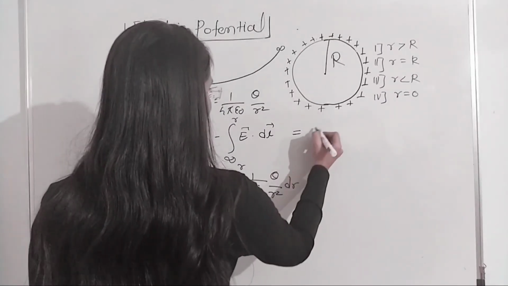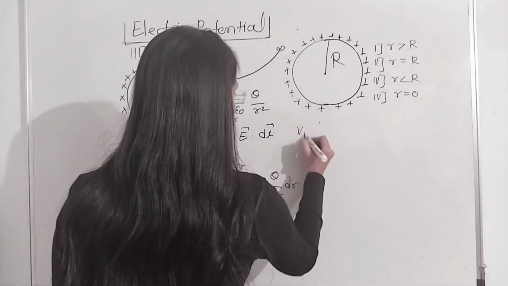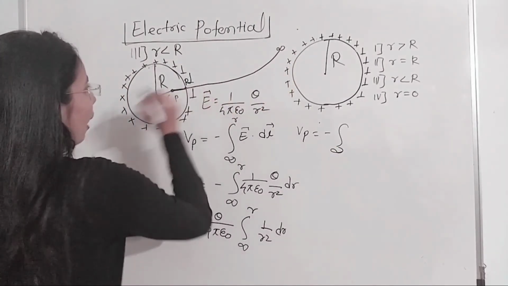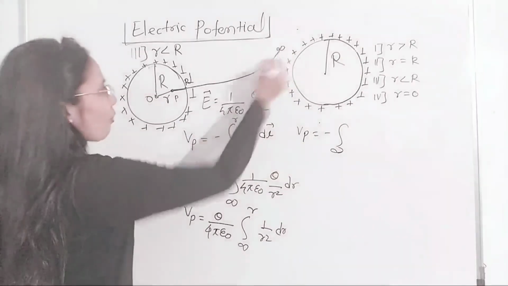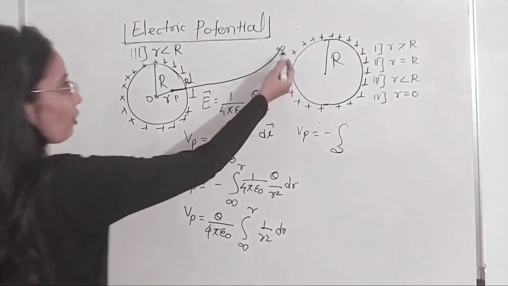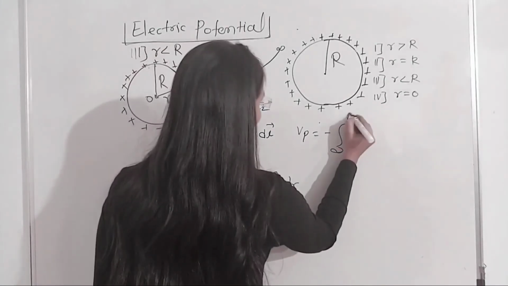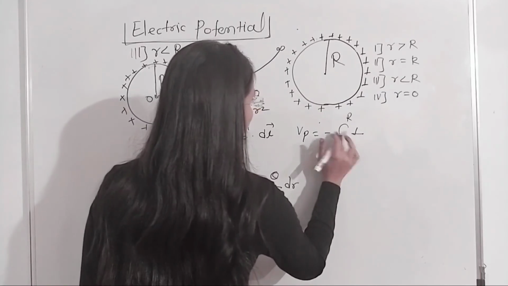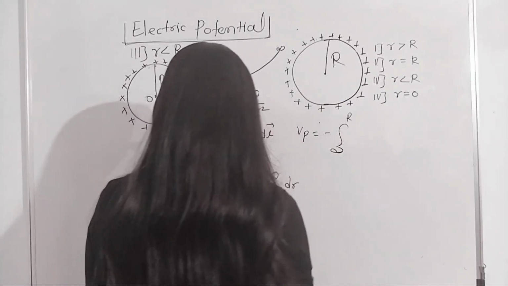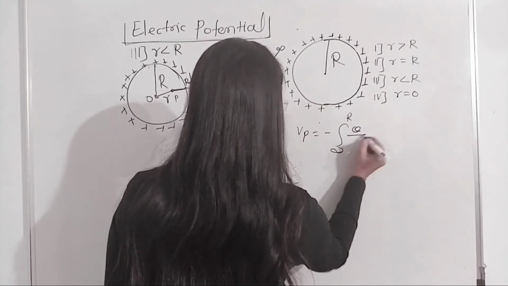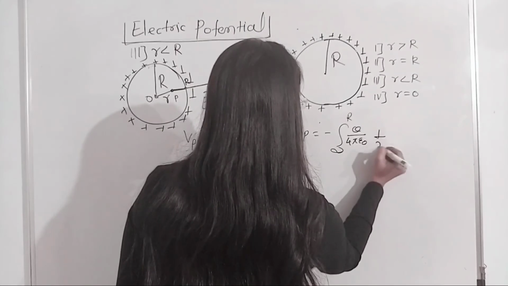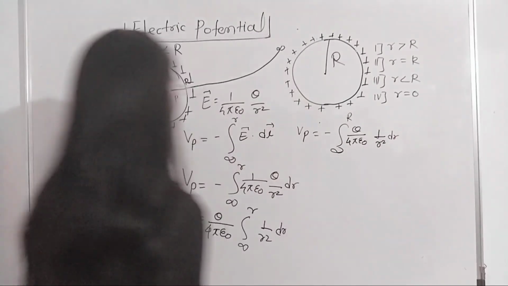The first station for that charge is infinity to capital R. So Vp is equal to minus integral infinity to capital R of Q by 4 pi epsilon naught 1 by R square dr, and the second station of that charge is from capital R to small r.